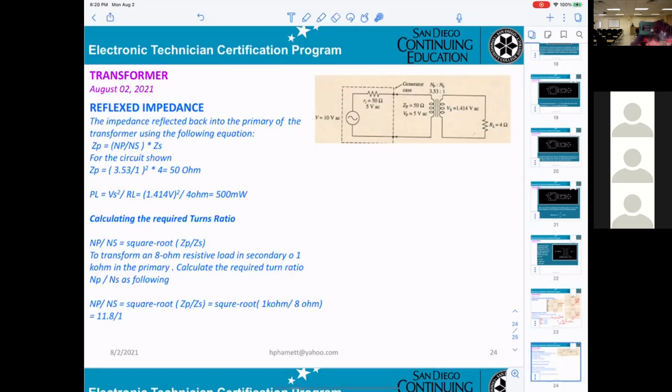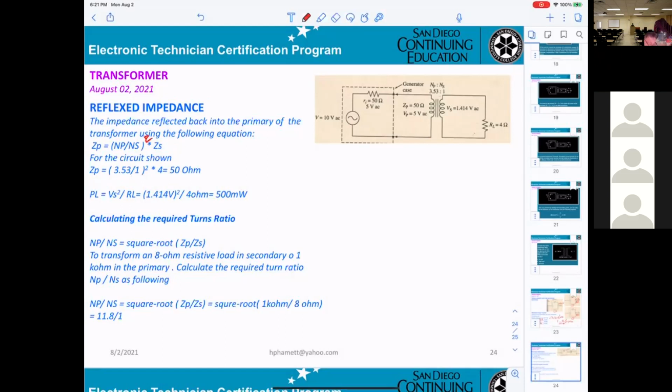In here they said the impedance reflects back into the primary of the transformer using the equation ZP equal NP over NS squared times the impedance of the secondary. For this circuit, ZP equal 3.53 divided by 1. It's supposed to be squared in this formula; I forgot that, I'm missing the square here.